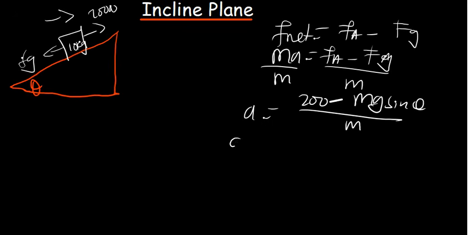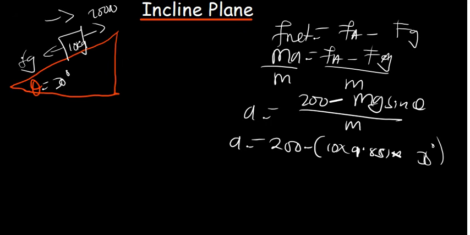Let's now plug in the values. 200, the mass is 10 times 9.8 sine theta, let's say theta is still 30 degrees, divided by 10.